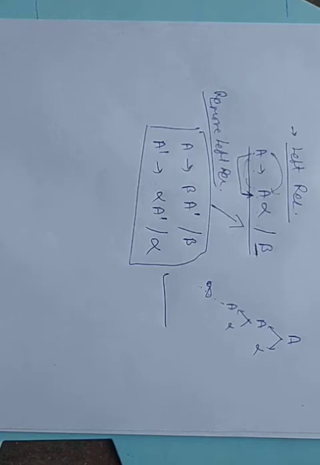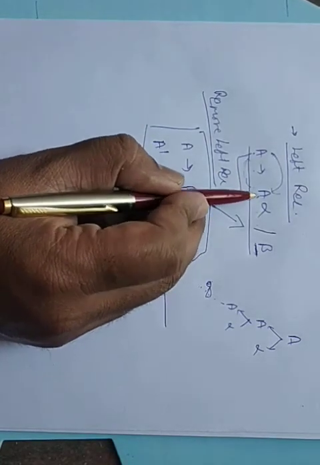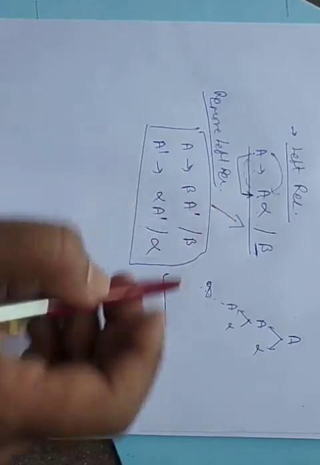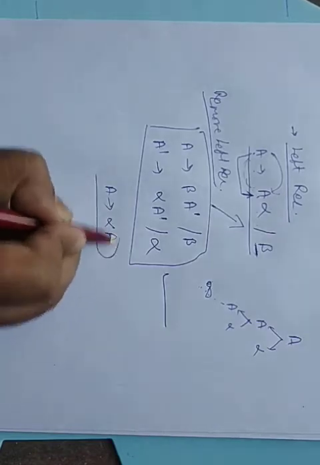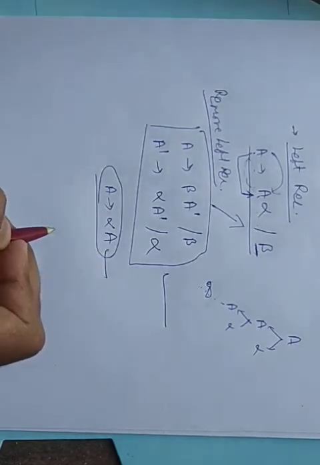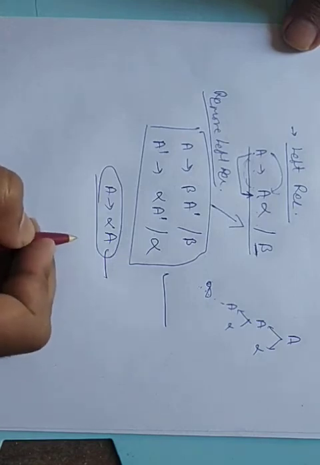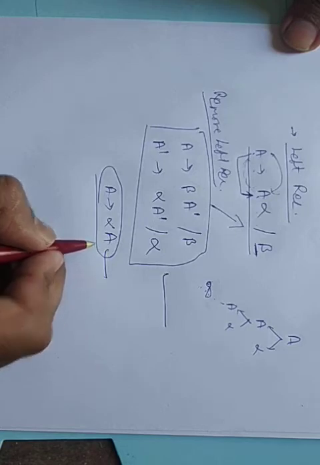Now why do we have a certain formula for it? Suppose it is A dot alpha, meaning A multiplied by alpha, and if I write A produces alpha A, then I get the same thing, because multiplication has no issue. But in grammar that is not true.